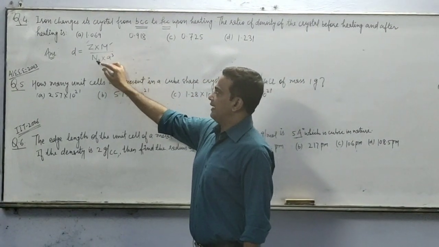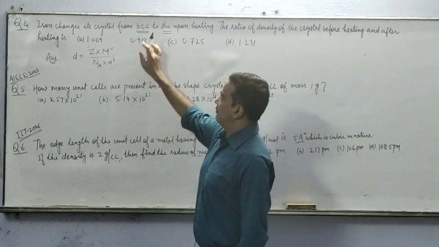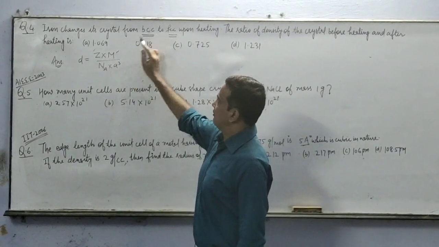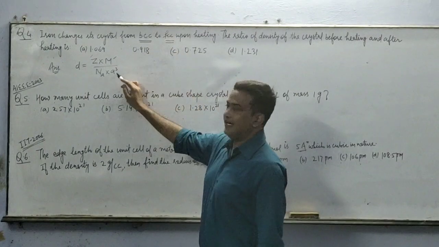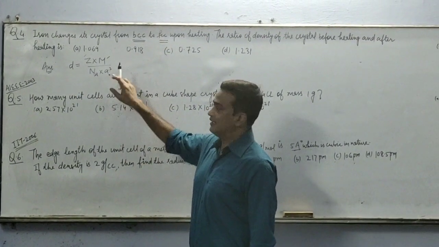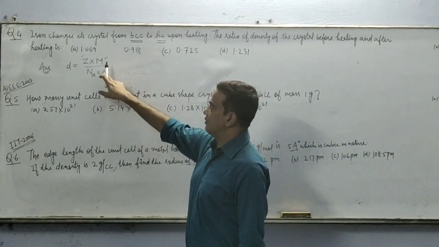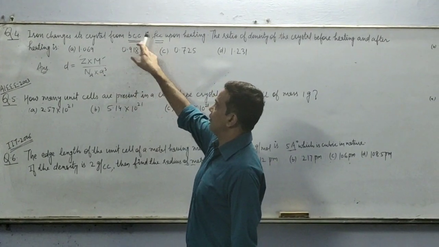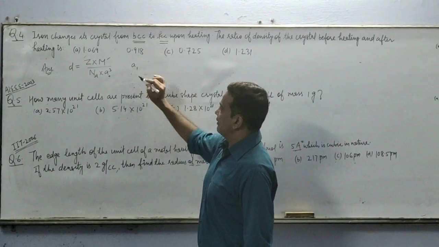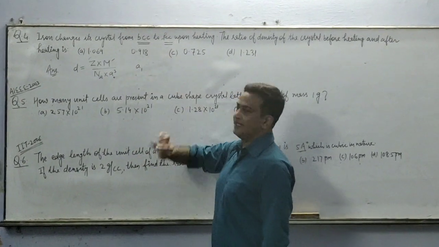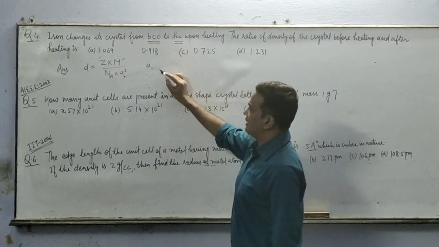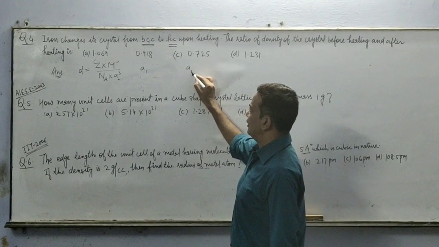So we use the formula density is equal to Z into M upon Na into A cube. M and Na are constant for BCC and FCC, but Z is being changed from 2 to 4, and A depends upon radius. Radius remains constant, but A will get changed due to the different structure. Say A1 is the edge length of BCC and A2 is the edge length of FCC.